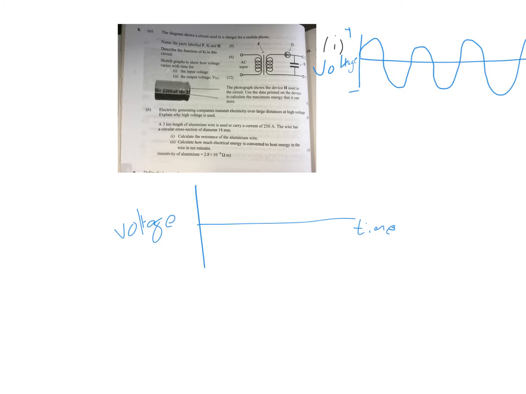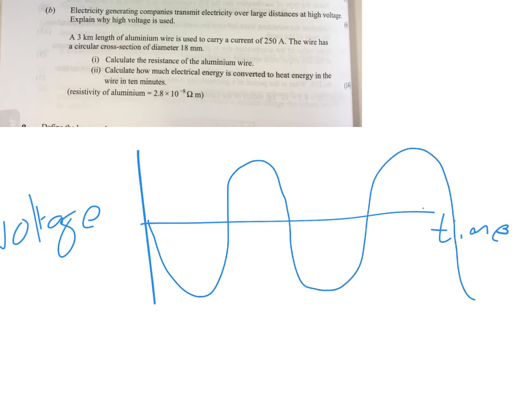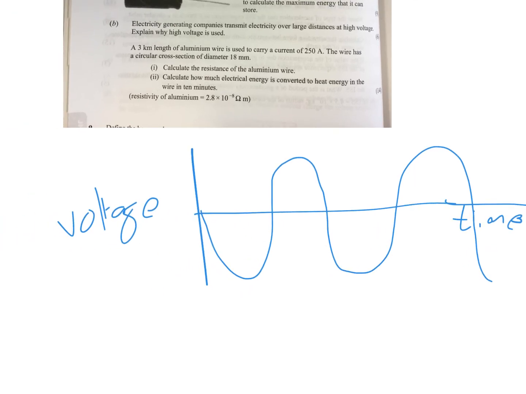Now we know that the induced EMF is going to try and oppose the magnetic flux change that caused it, so this should basically be out of sync with the original one. So we'll end up with something that is basically the same shape, but the current goes the opposite direction, right? I don't think you're going to gain or lose marks here on that, to be honest. The mark scheme doesn't seem to care.